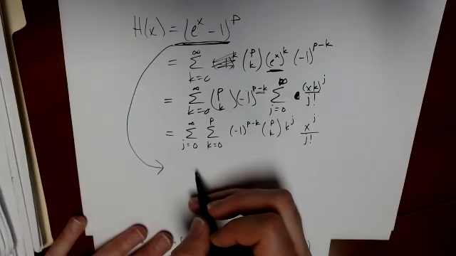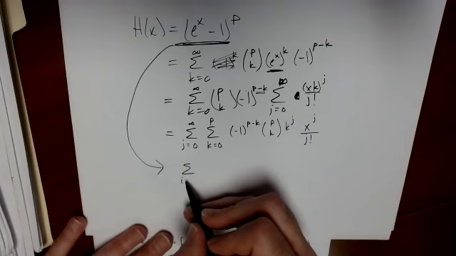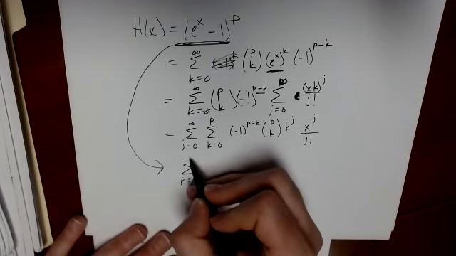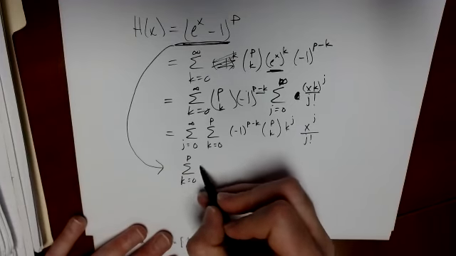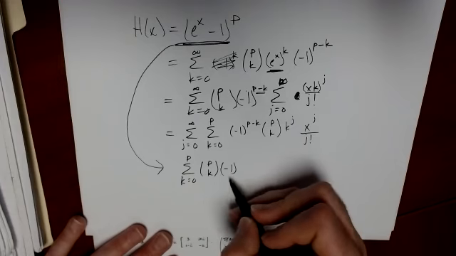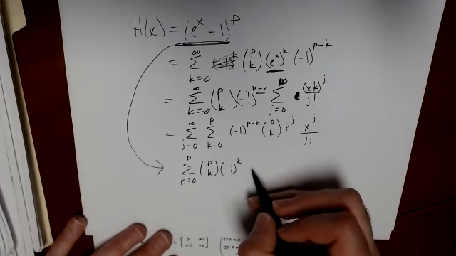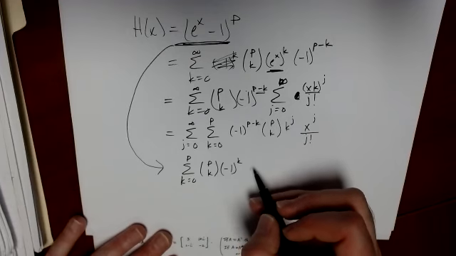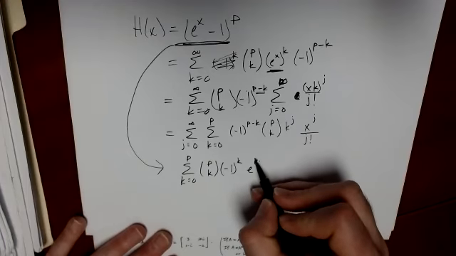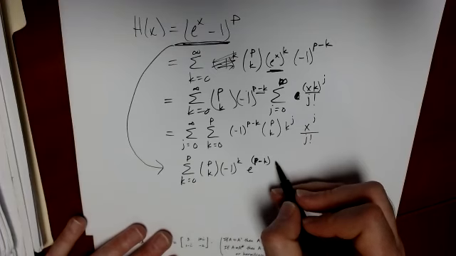And so this should be the sum as k goes from 0 to p of p choose k, and then if I put the (-1)^k, and then the e to the (p-k)x.